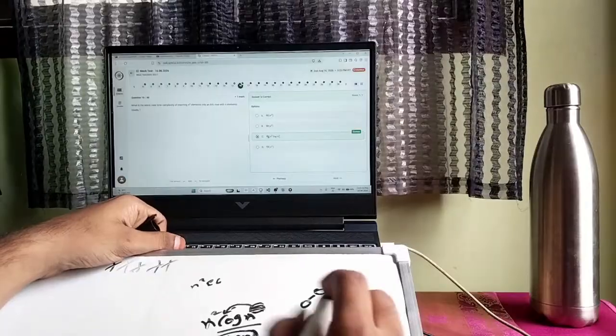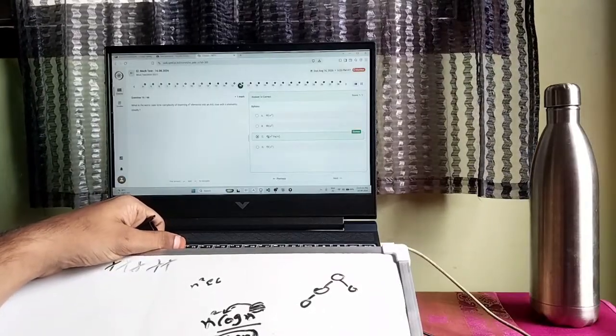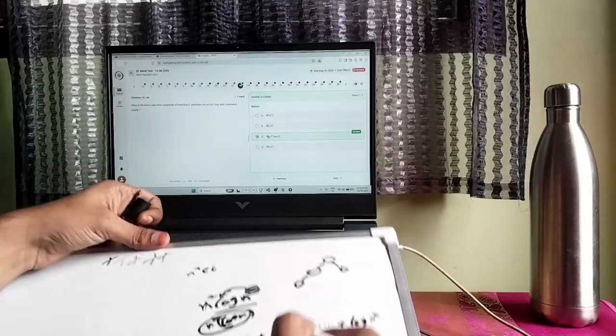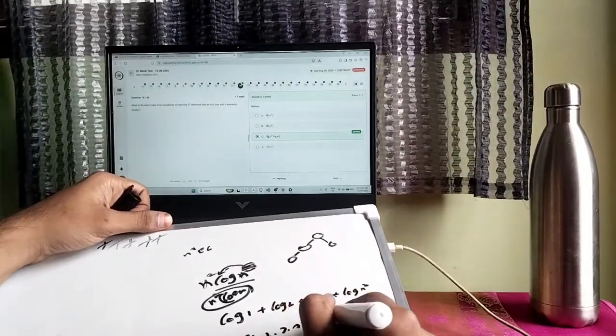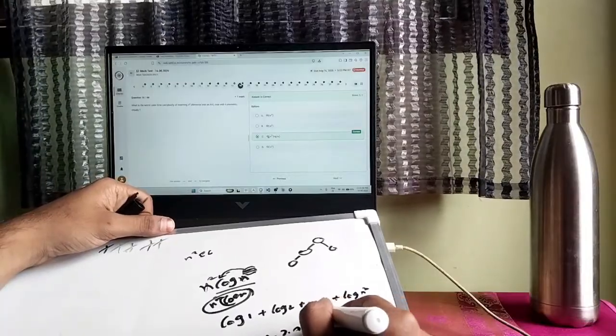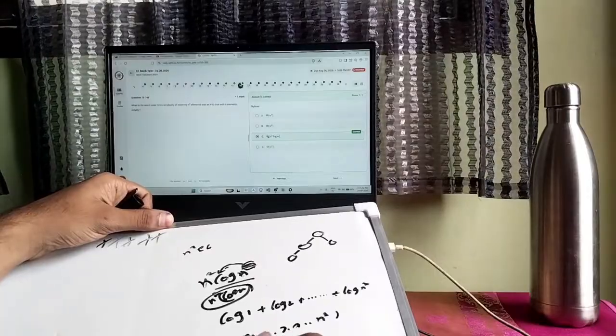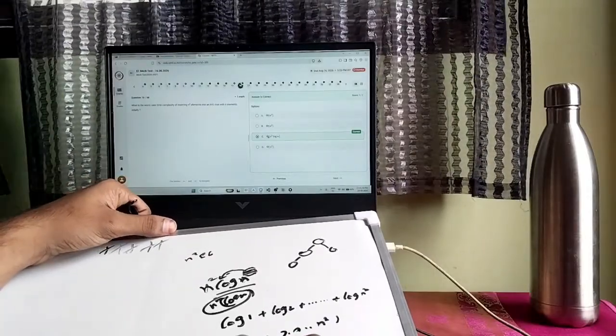We have to add all of these, which becomes log of 1 into 2 into 3 into 4 and so on up to n square. It will become log of n square factorial.